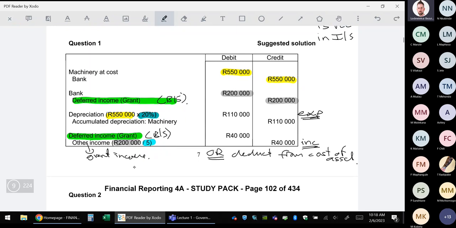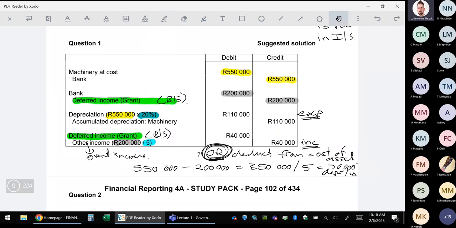Then we would have said 550 cost less the 200,000 grant, and that gives us 350 net cost, and we will depreciate that over 5 years, and that will give us 70,000 depreciation per year.